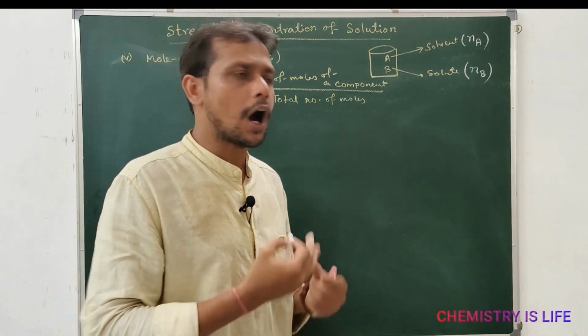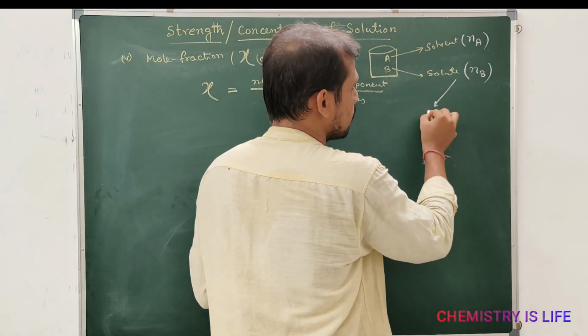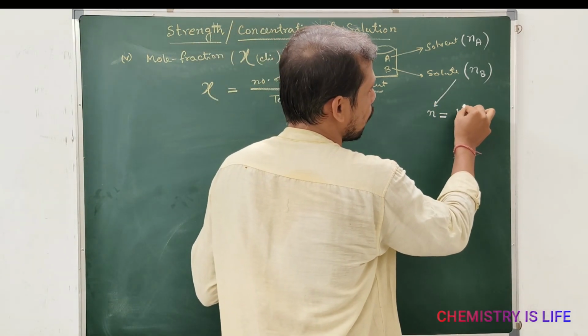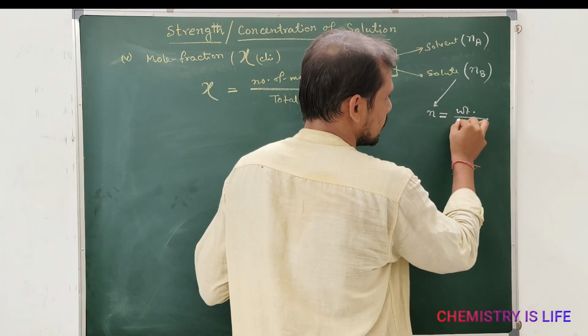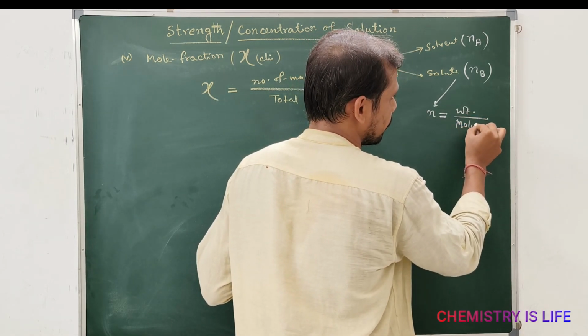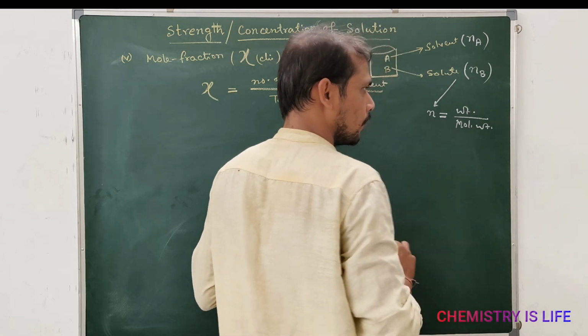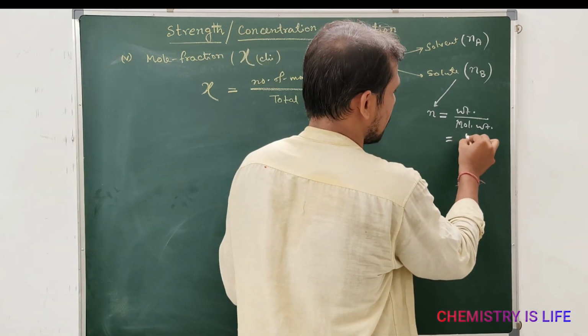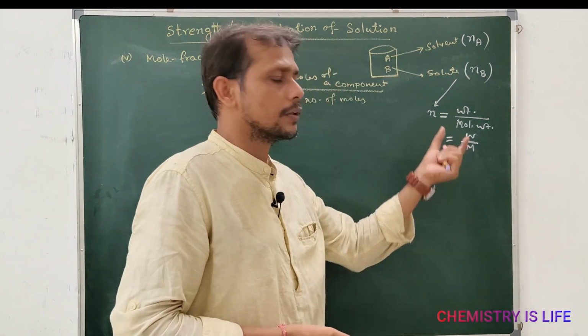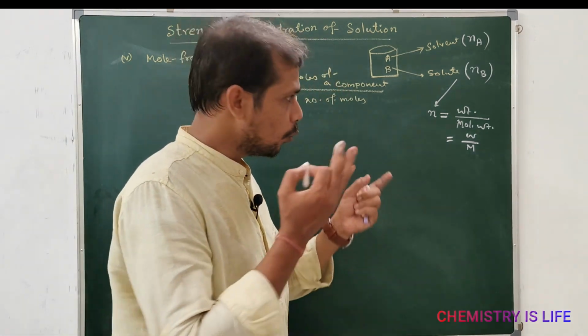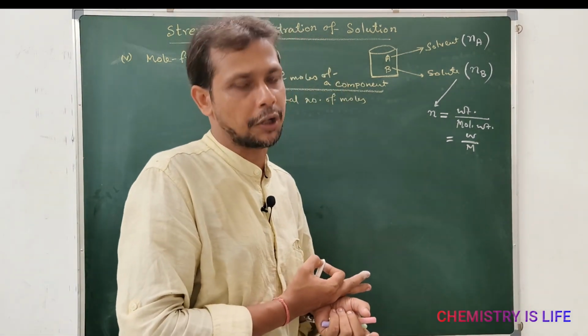So we all know how to calculate number of moles. Number of moles equals the given weight divided by its molecular weight, W by M. This is how the number of moles is calculated. Weight of the component divided by its molecular weight.